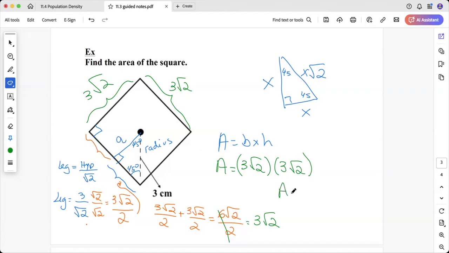So here the area is going to be, when you multiply radicals, you multiply the numbers in front. 3 times 3 is 9. And then square root of 2 times square root of 2 is square root of 4. So we get 9 times 2, because the square root of 4 is 2. And we get that the area is 18 square centimeters.